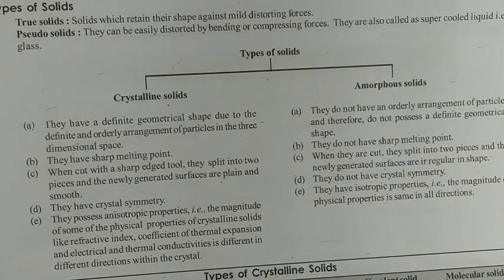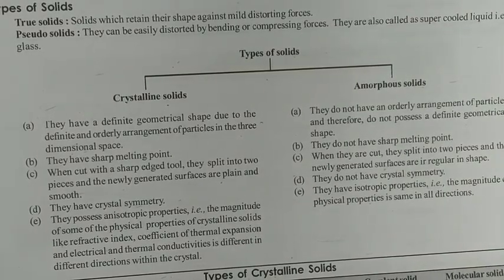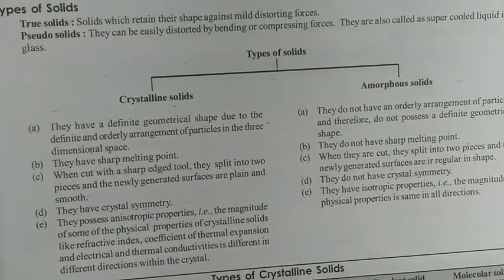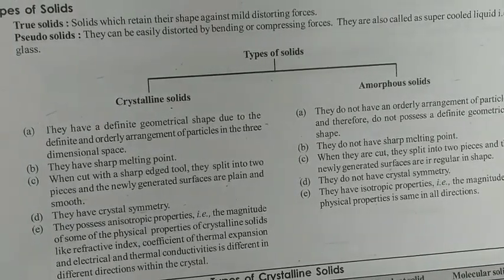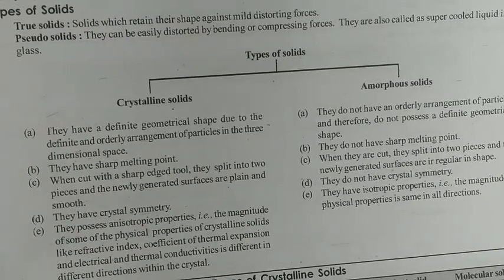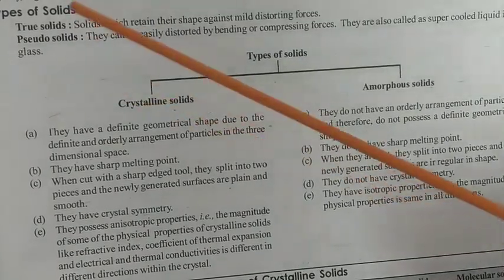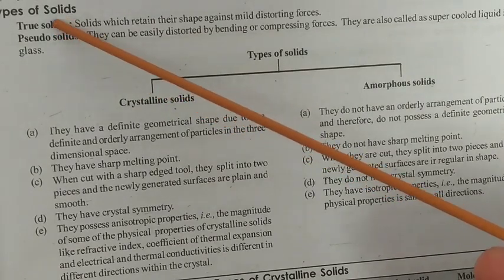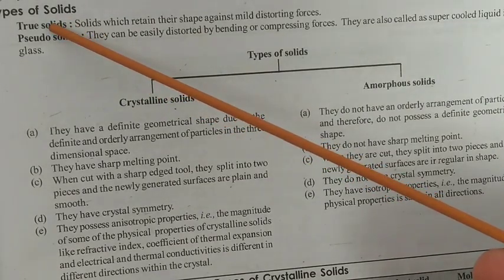The solids in which the constituent particles are not arranged in a regular pattern are called amorphous solids. Amorphous solids are called pseudo solids, and crystalline solids are called true solids.